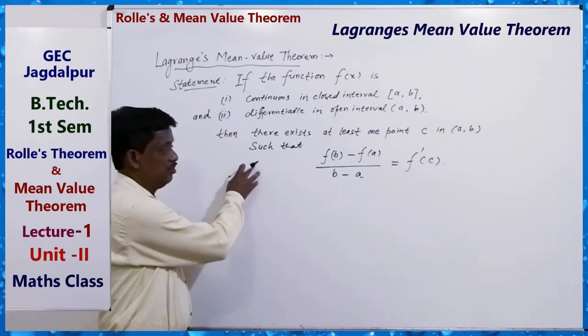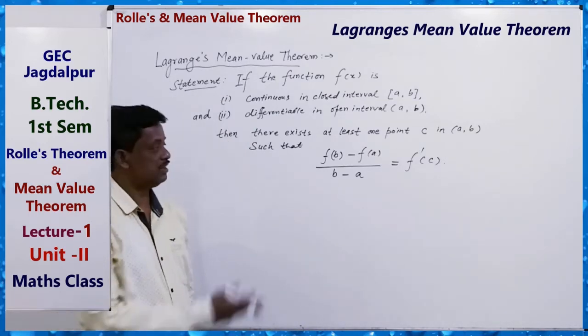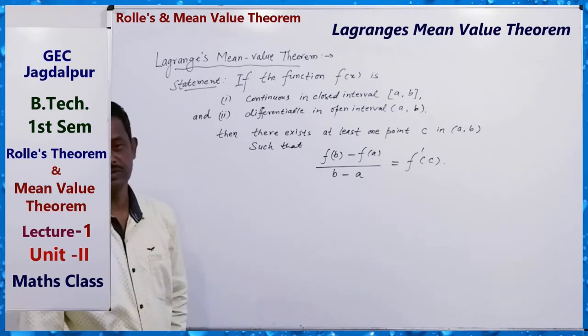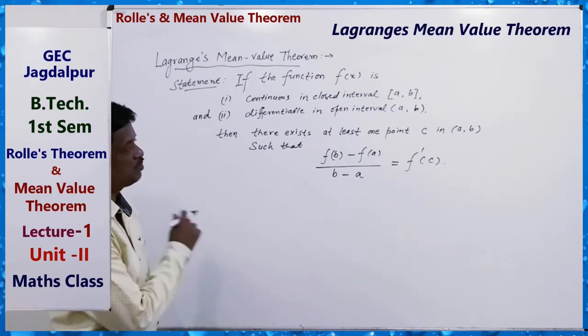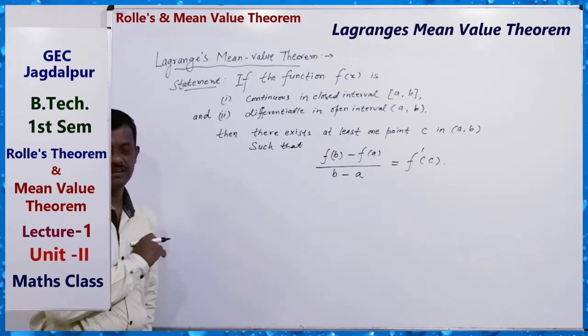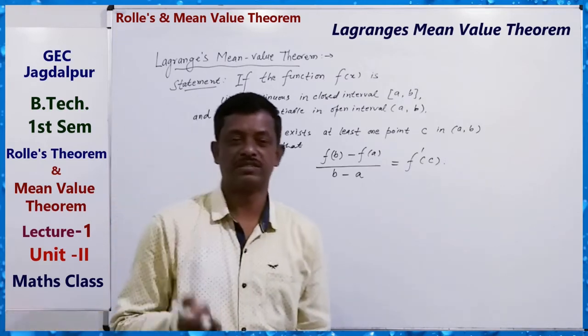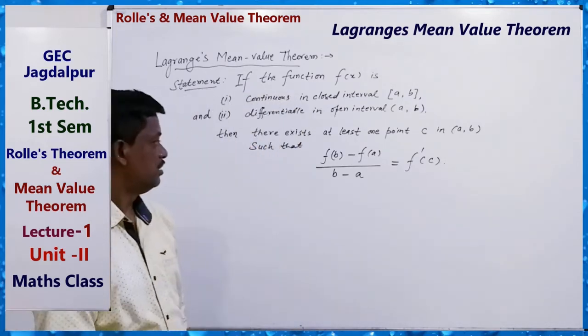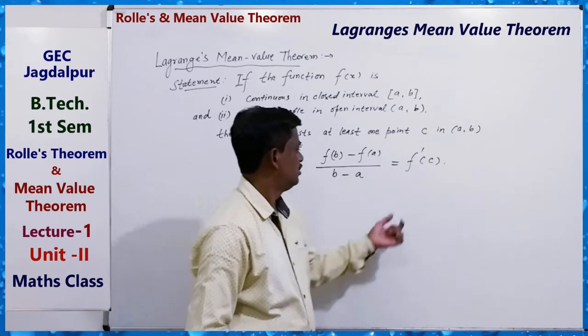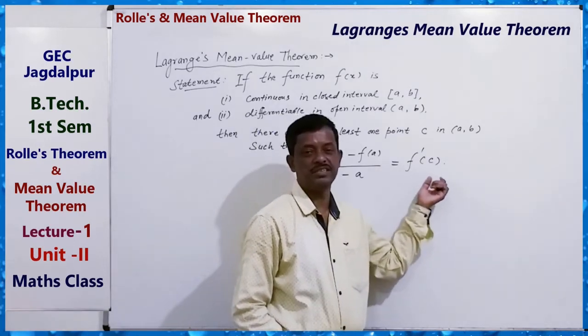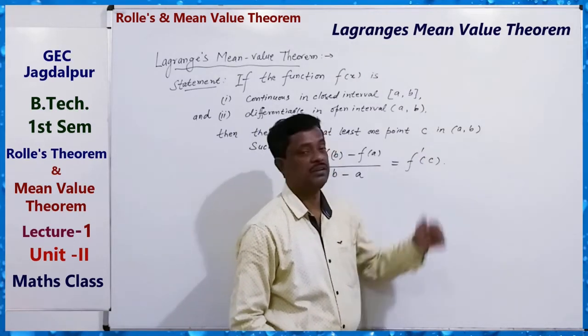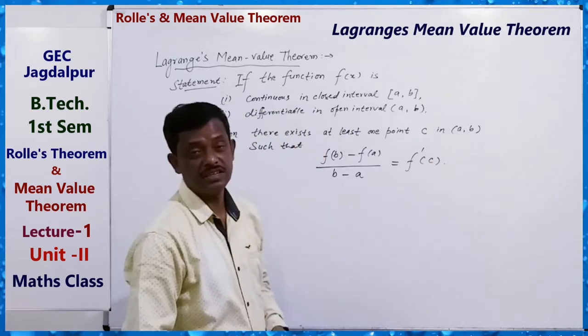This statement is useful for solving questions and it has a geometrical meaning also. It can be proved very simply. Just know its statement and find out the value of c which lies in (a, b) for verification of Lagrange's mean value theorem.